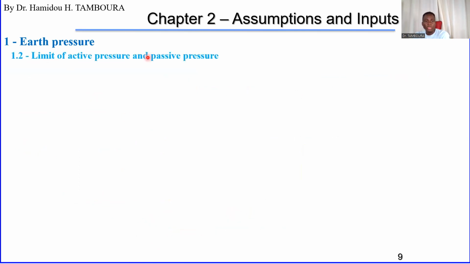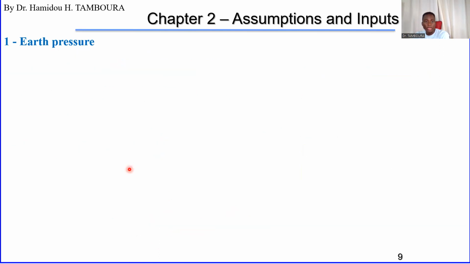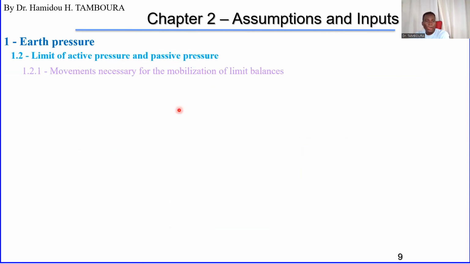Let's talk now about the pressure at rest. I think it finished. So let's talk now about the active pressure and passive pressure. Movement necessary to mobilize the limit balance.